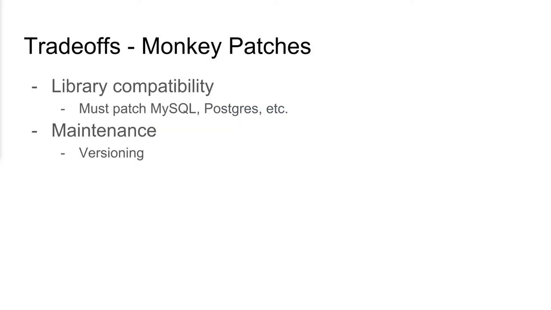So what do we sacrifice? First off, at this level, since we aren't dealing with abstractions, we'll need to make patches for multiple different libraries that do the same thing. For example, if we want to instrument database queries, we'll need to patch multiple adapter libraries like PG, MySQL2, Mongoid, and so on. If the developer is using an adapter for which we don't provide a patch, their SQL queries won't be instrumented.